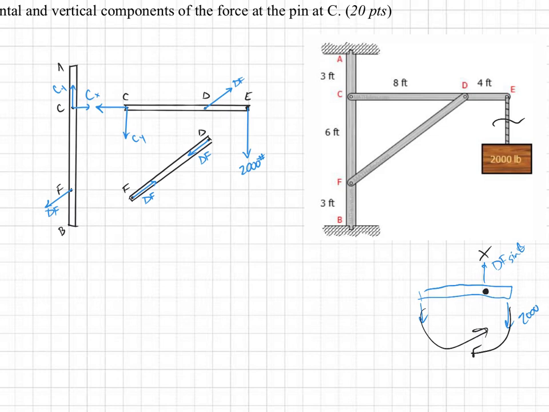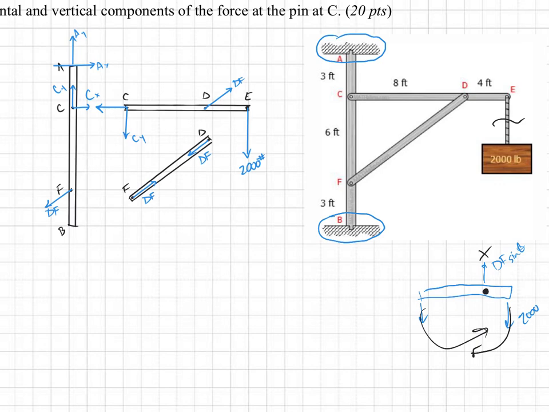Okay, and the real problem here, of course, is A and B, right? These are really problematic. Notice that these are fixed supports. Okay, so A has, and I don't know which signs any of these are going to go, but A has an upward force, AY. It's got a lateral force, AX.